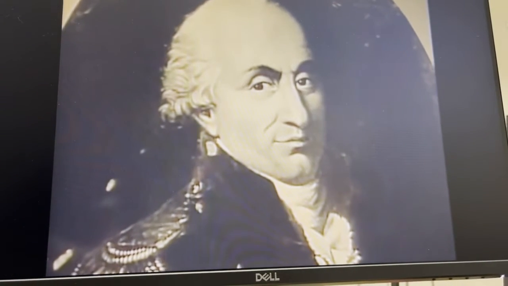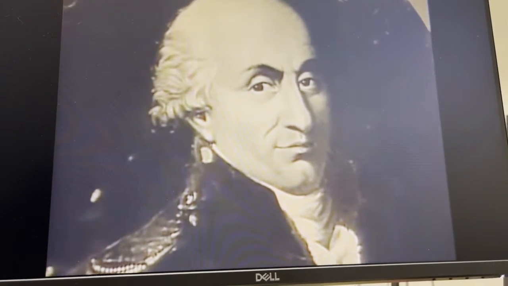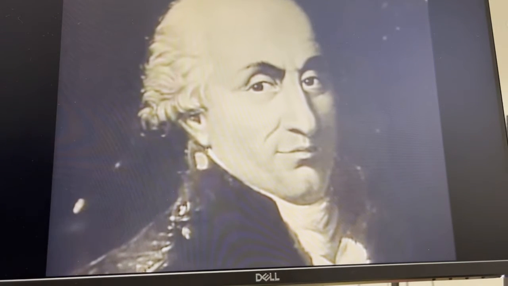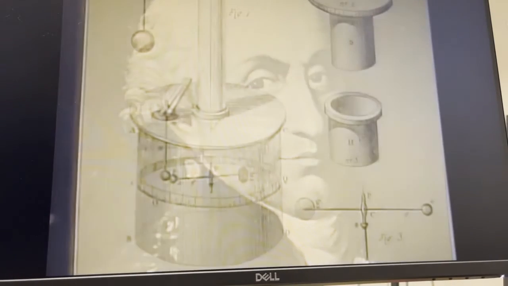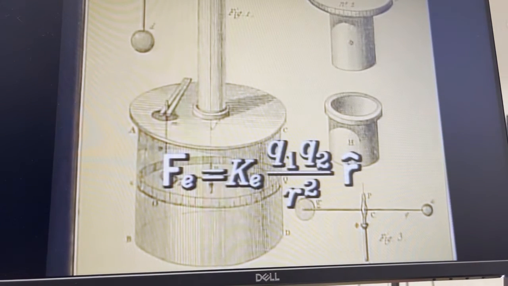In 1789, Charles Augustin Coulomb confirmed what the scientific community had suspected for years. Coulomb finally demonstrated that the electric force is inversely proportional to the square of the distance between the charges.